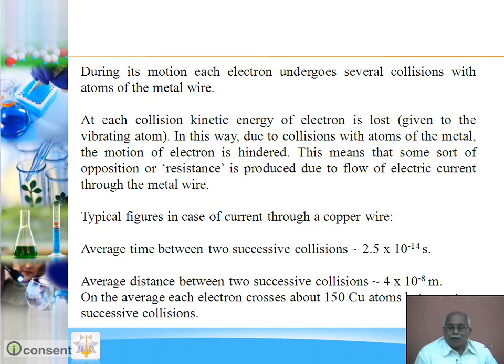No. Electron cannot move very easily. Why? Because it has to collide with copper atoms. During this motion, electrons have to collide. At each collision, the entire kinetic energy of the electron is given to the atom.